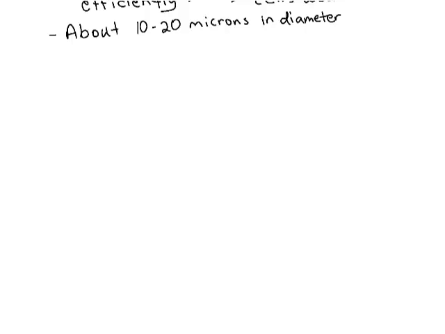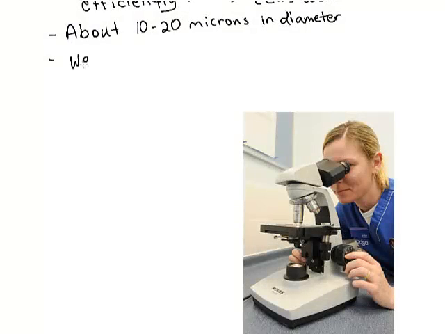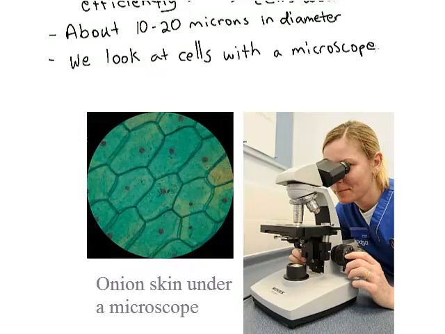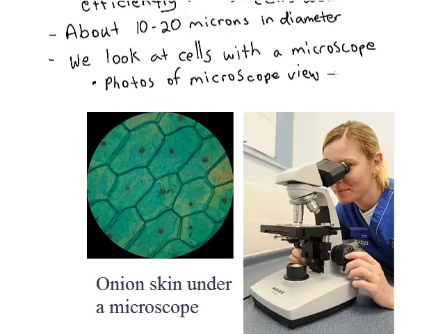A single micrometer is a thousandth of a millimeter, which to us seems pretty small. So to see cells, we need a microscope. Light microscopes use visible light to illuminate samples. Photographs of what we see in a microscope are called micrographs.